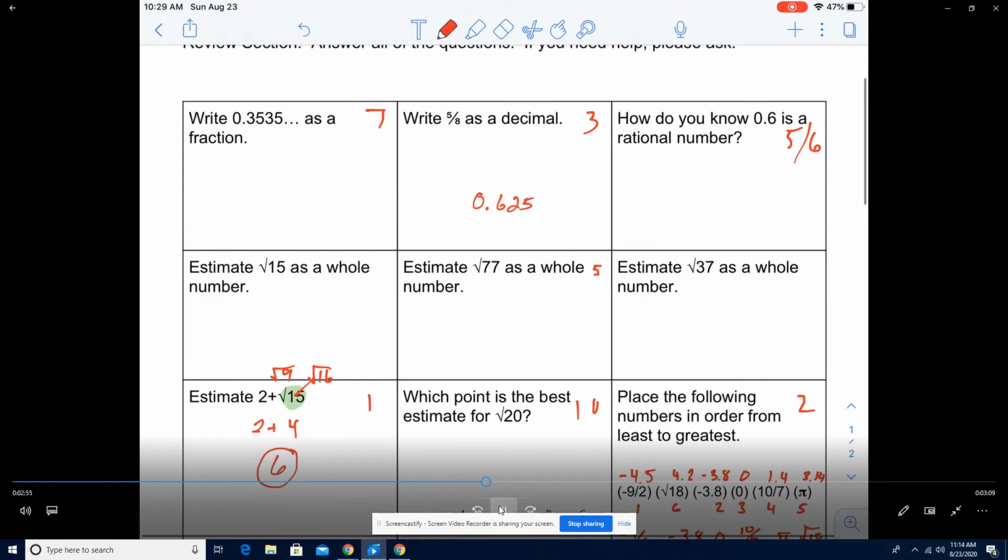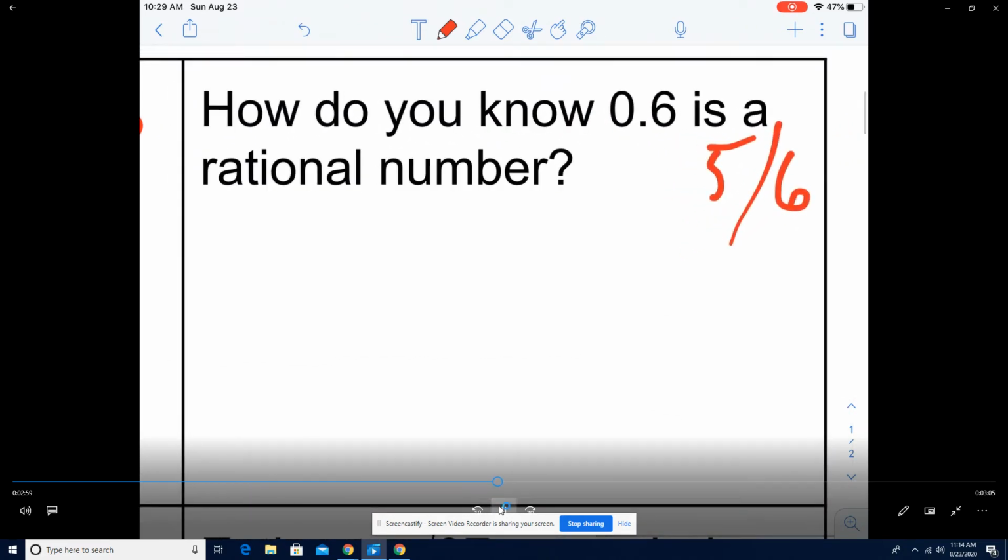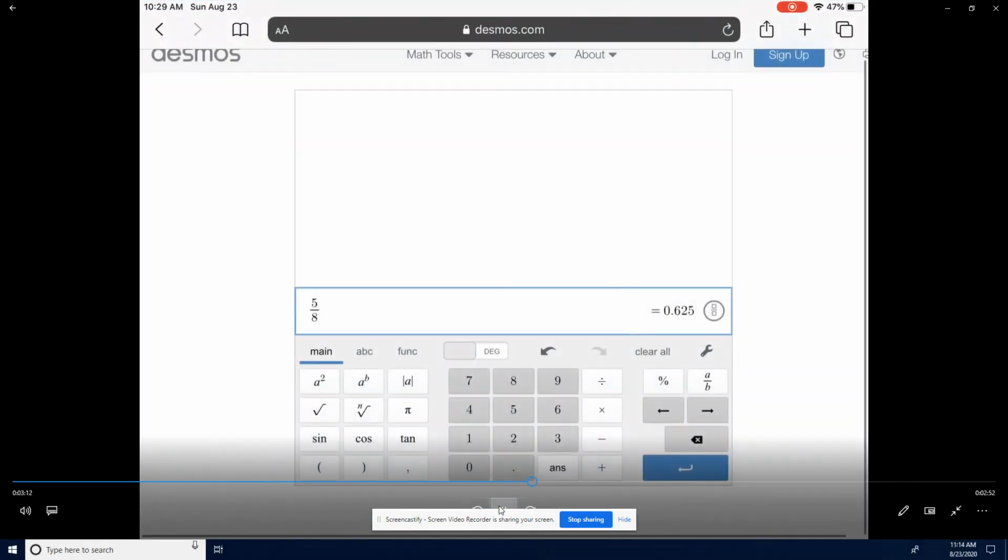The next type of problem is how do you know if a number is rational or not? Well, the definition of a rational number is that I can write it as a fraction. So you look at the number and think, can I write it as a fraction? If you go to Desmos and you type in 0.6, you'll see that it has a fraction there.